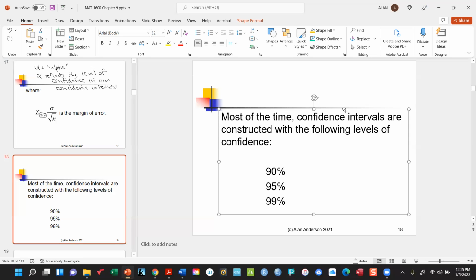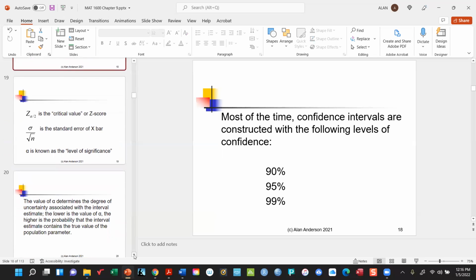If the weather is bad, then the uncertainty also increases. So the confidence level that we're seeing here reflects how much uncertainty there is associated with our estimates. And so we normally go with 90, 95, or 99. So we'll be prepared for all three cases.